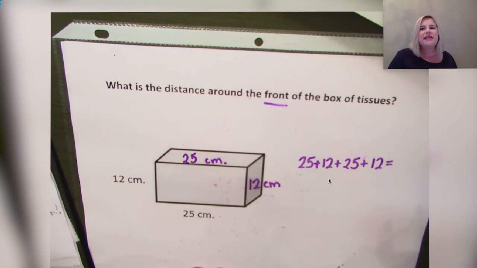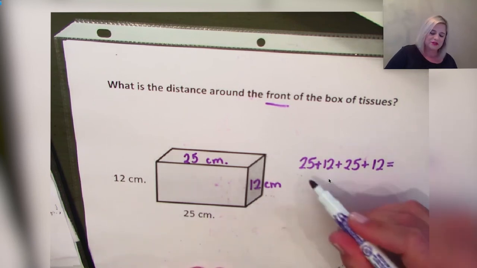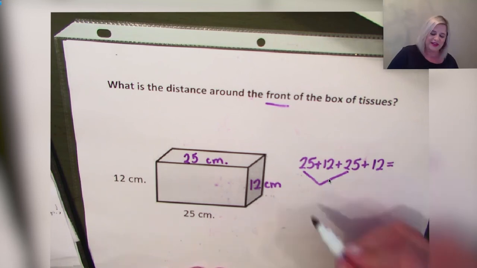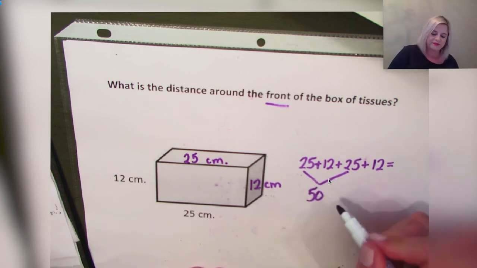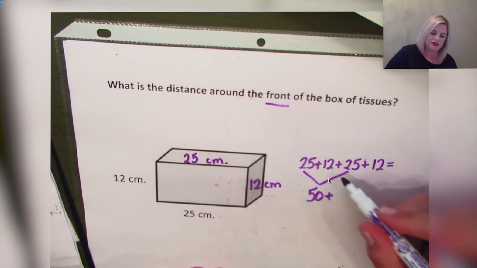Do you see anything in common in this equation that can make it easier for us to add? Very good, we have doubles backs. So 25 plus 25, what does that equal, boys and girls? Wonderful, it equals 50. Now, what is 12 plus 12?